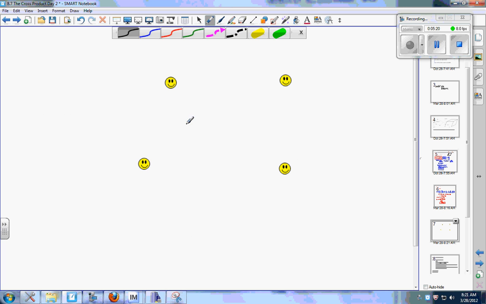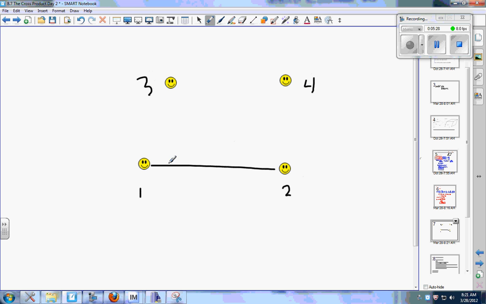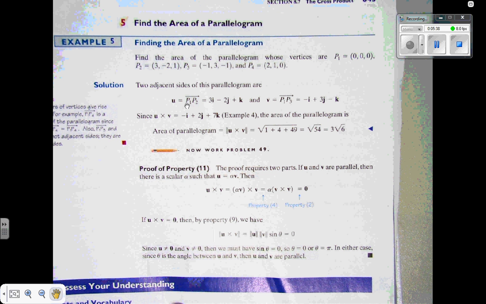Okay, so let's say that's your parallelogram. They're going to call this 1, this 2, and this 3. So, clearly there's an adjacent side, there's an adjacent side. You don't want to be getting a diagonal because that doesn't work. So if you go P1 to P2, P1 to P3, that should work for you.